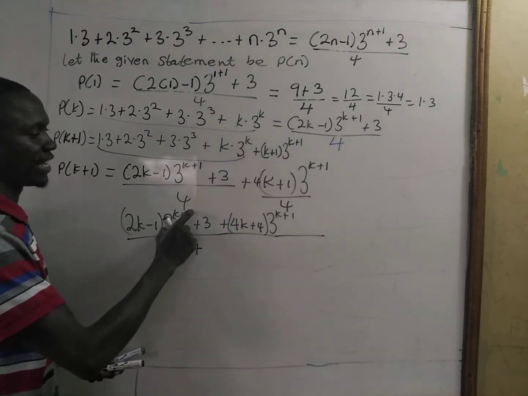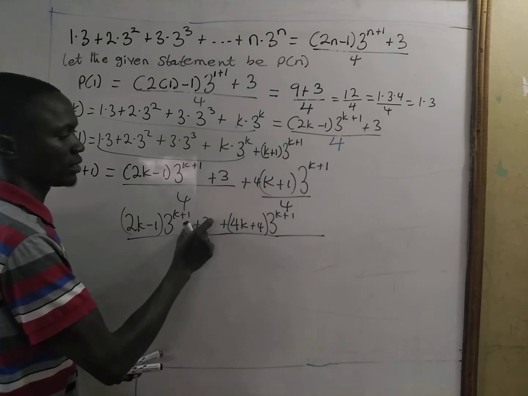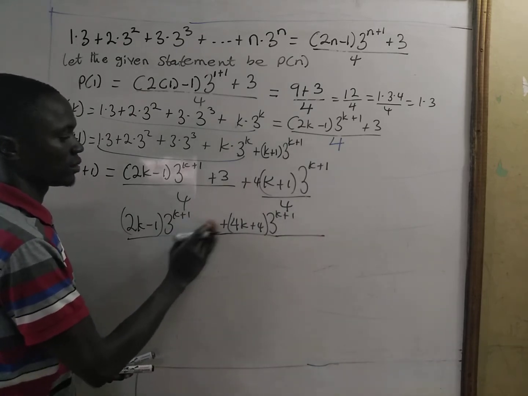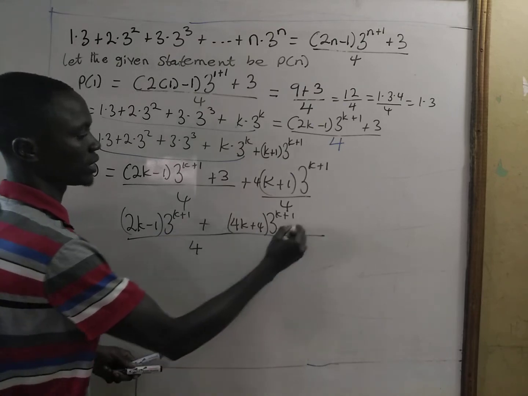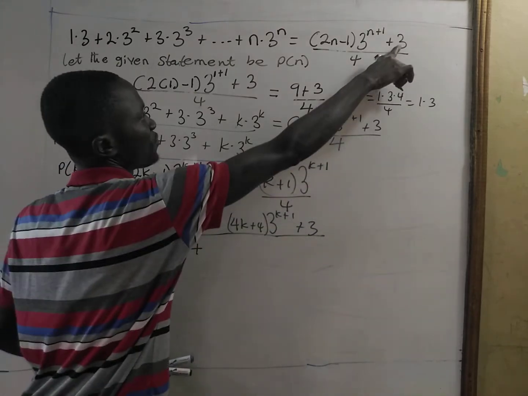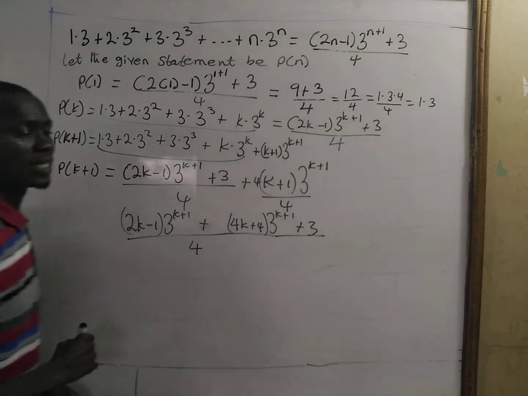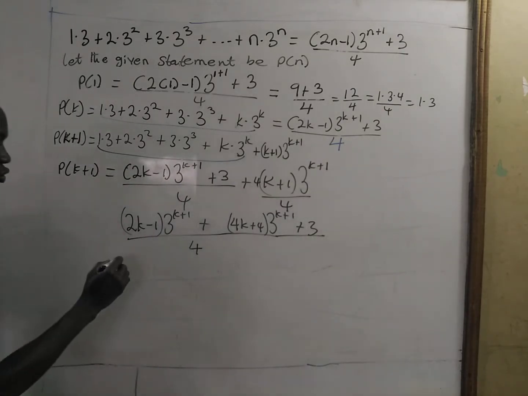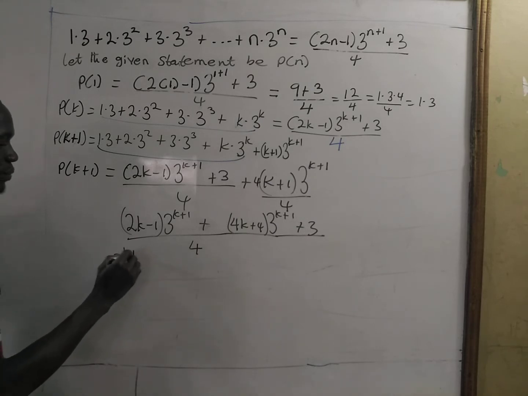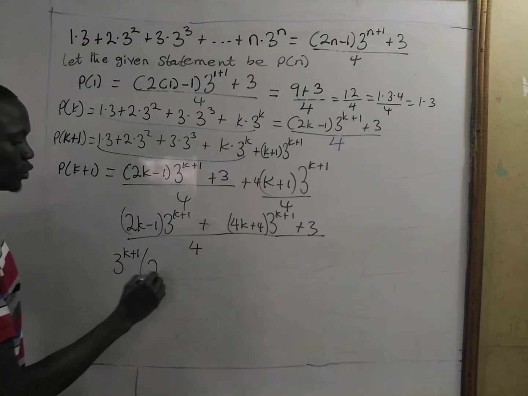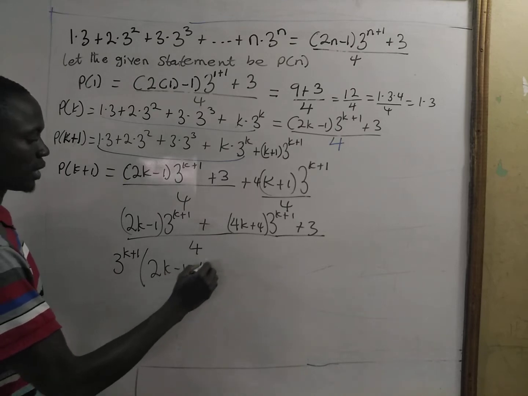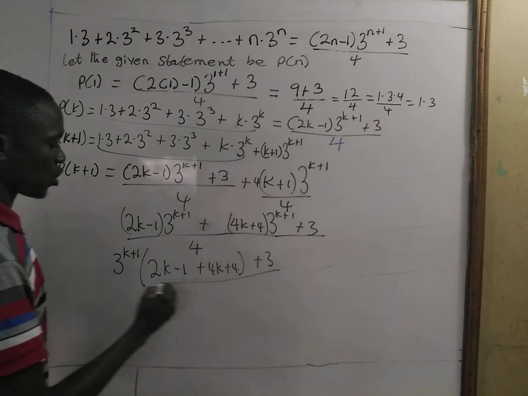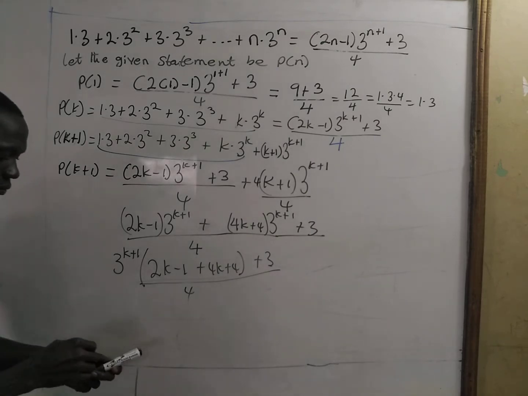Now we have 3 to the power k plus 1 in both terms. So we can send that 3 to this side, plus 3, because we have plus 3 here. Now let us factorize 3 to the power k plus 1 out. So you have 3 to the power k plus 1 times (2k minus 1 plus 4k plus 4), plus 3, all divided by 4.